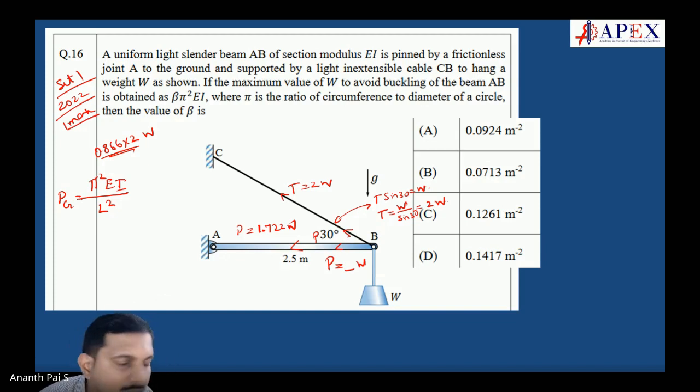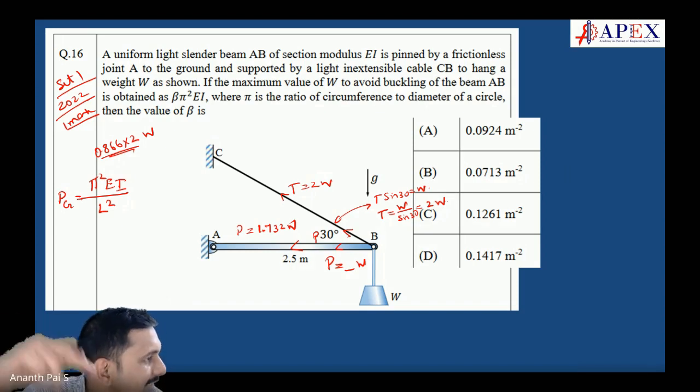So 2 times cos 30 is what? 0.866, is it not? Yes or no? What happened? It's wrong, is it? One mistake. But then you have something else in your mind. I'm worried. Whether it's right or not, it's correct. 1.732, not 1.722, 1.732.